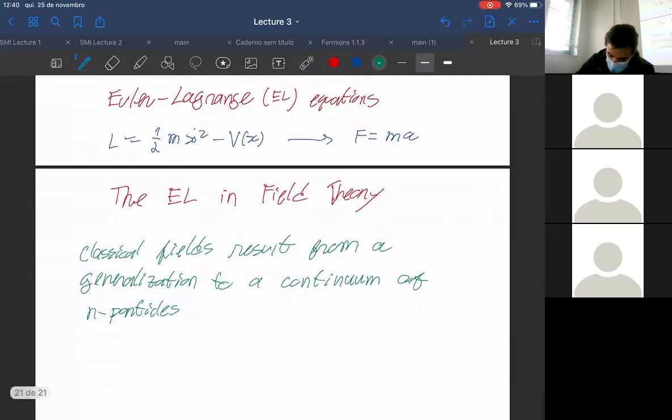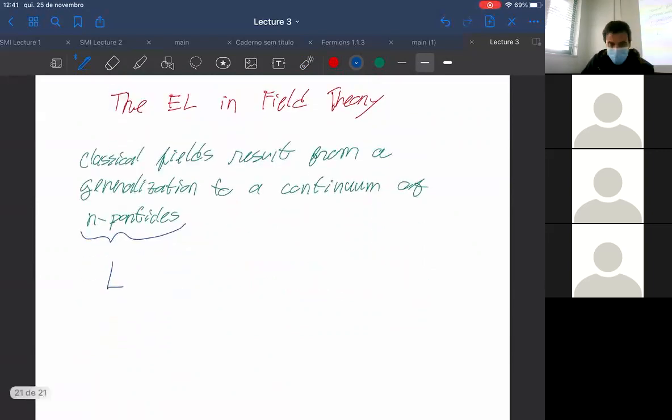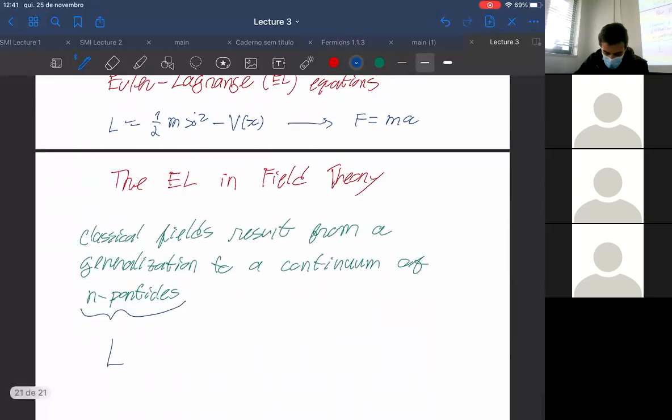And what is this n particle system? How does it look? So the Lagrangian of this n particle system. Let's again, for example, look into this Lagrangian that led us to Newton's second law. You can write this Lagrangian for n particles.